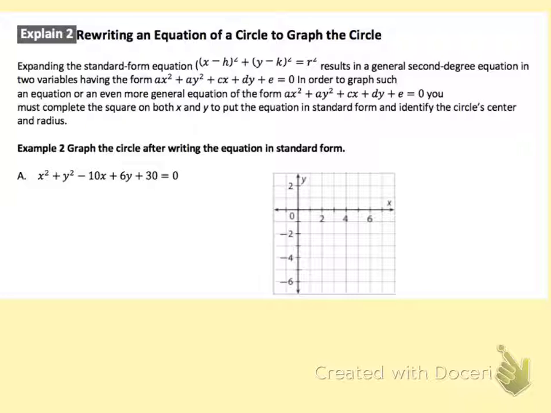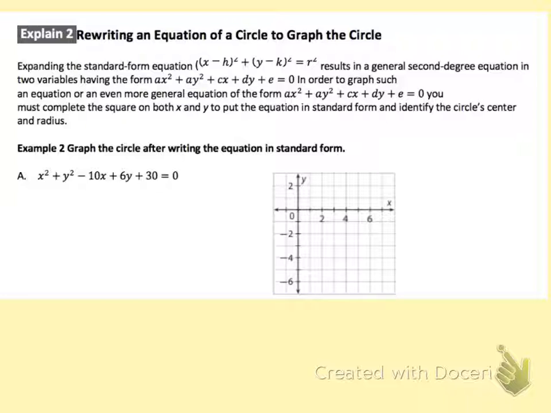So let's move on. The next thing we're going to do is rewrite an equation of a circle into what's called the standard form for a circle, and then we're going to graph the circle. Earlier I mentioned that students always ask, when we write equations in that standard form, do we need to expand those out?